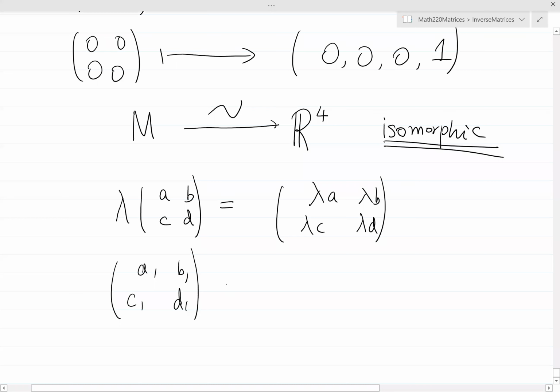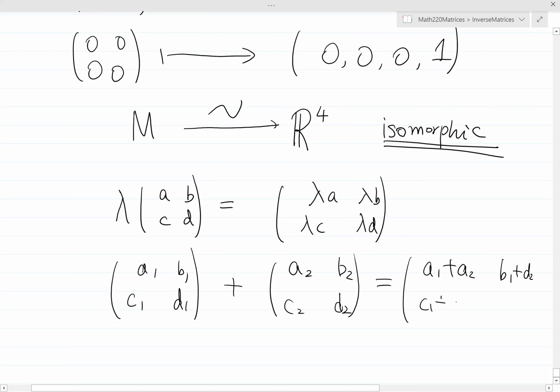So they are the same vector space. Isomorphic has more meaning, because we should check at the level of objects, and also at the level of operations, scalar multiplication and vector addition, although this is obvious.